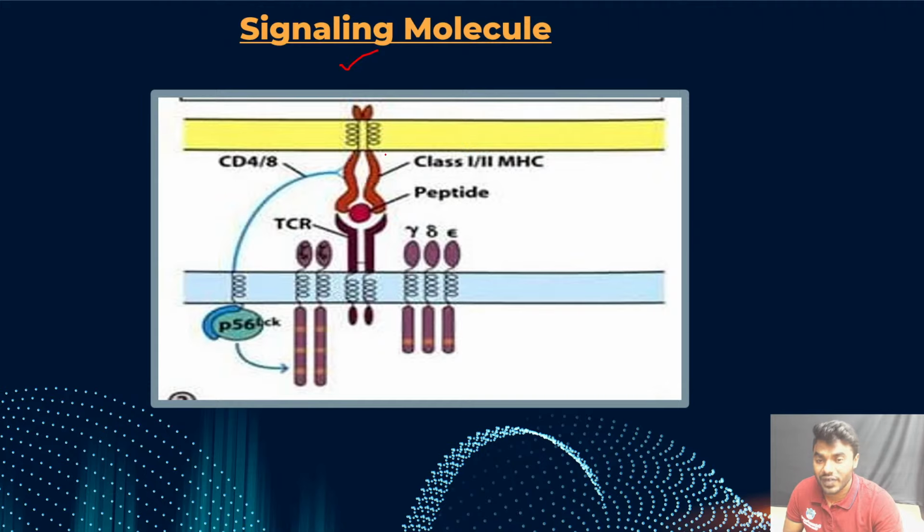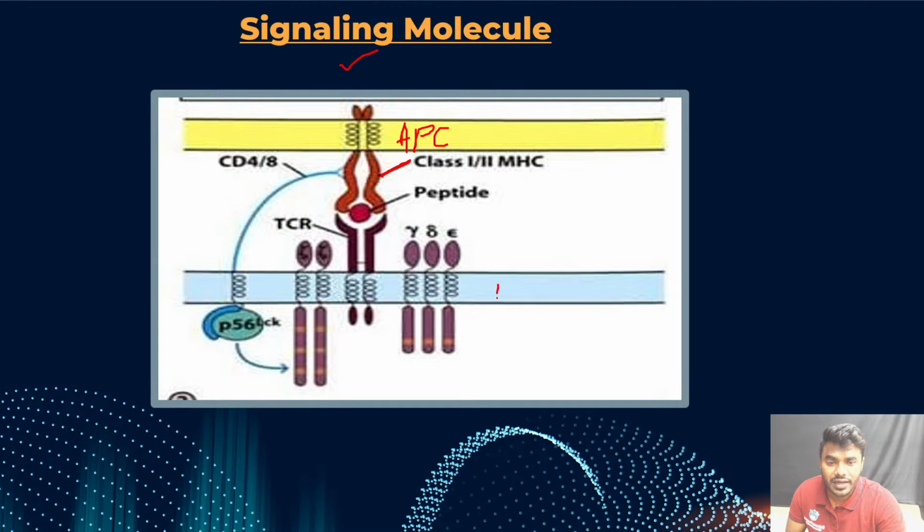All of you listen to me very carefully, friends. You are able to see, this is what cell? This is the membrane of the antigen presenting cell. This antigen presenting cell has MHC, and on the MHC it expresses the antigen, the antigenic peptide.